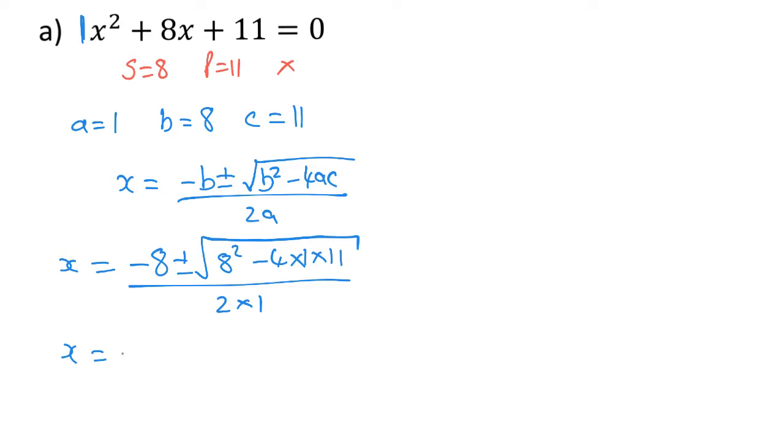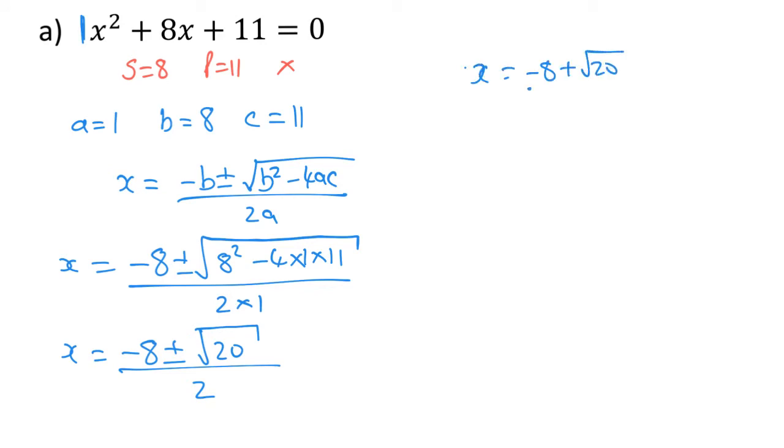So x equals −8 plus or minus the square root of 20, and I've just used my calculator to work that out, so I've done 8² − 4 times 1 times 11, over 2. X then will equal −8 plus the square root of 20 divided by 2, or −8 minus the square root of 20 over 2.